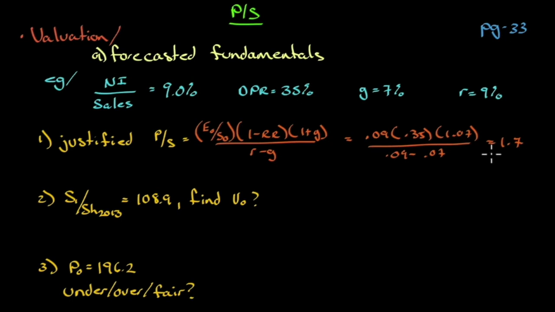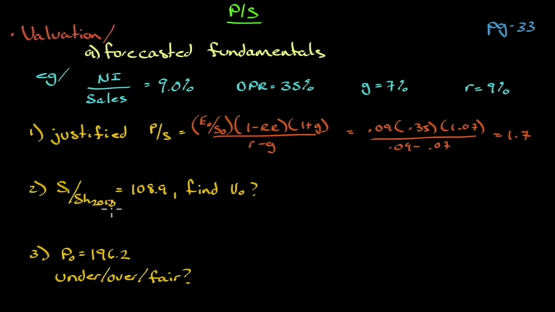So if I have a justified price to sales of 1.7, in the next statement I'm given sales per share for 2013. This is my forecast for sales, S1. Notice I'm at S1 now, not S0, so it's a forecast. I forecasted my sales per share for 2013 to be 108.9.